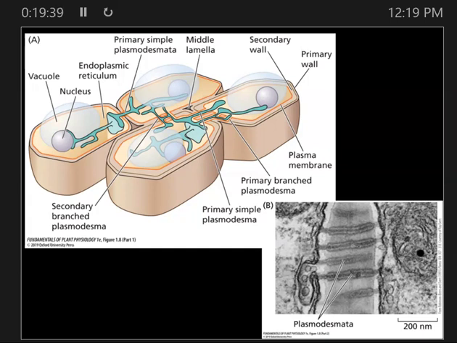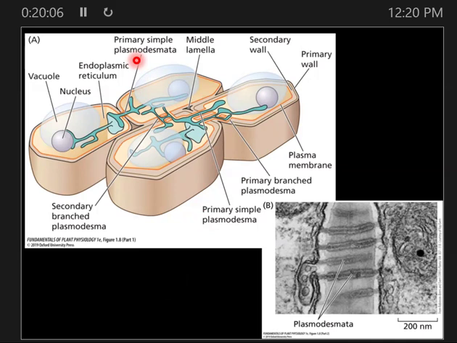These tunnels allow for transport of stuff from one neighbor cell to the next. The fancy term, the plural term, is up high there, plasmodesmata. I want you to know that term. So the plasmodesmata, that's plural. Plasmodesma is singular. So the plasmodesmata is the fancy term for the tunnels that connect neighboring cells.